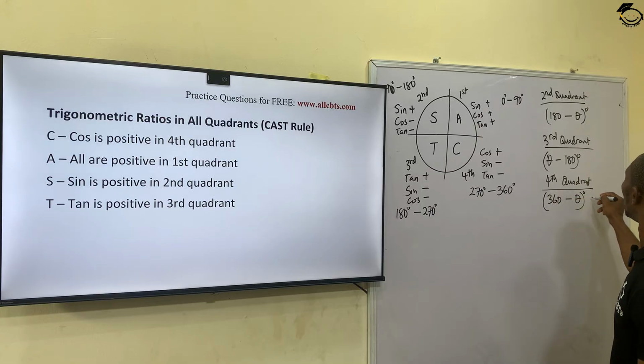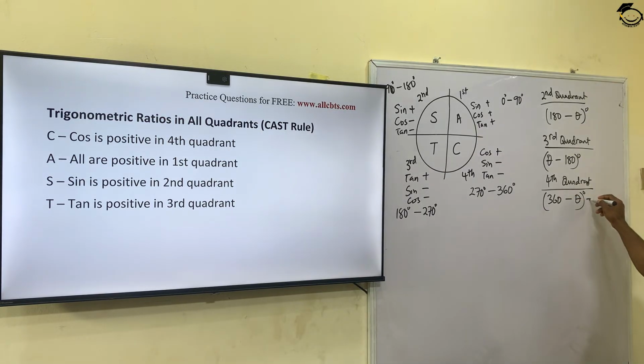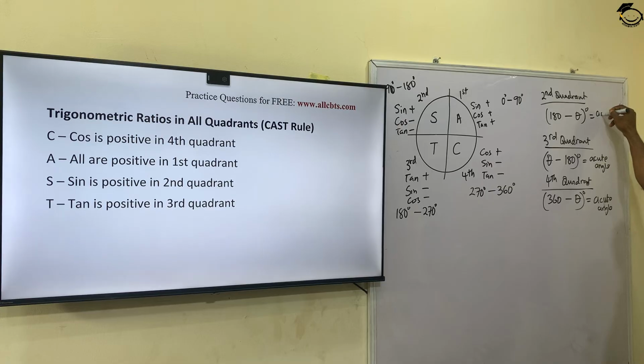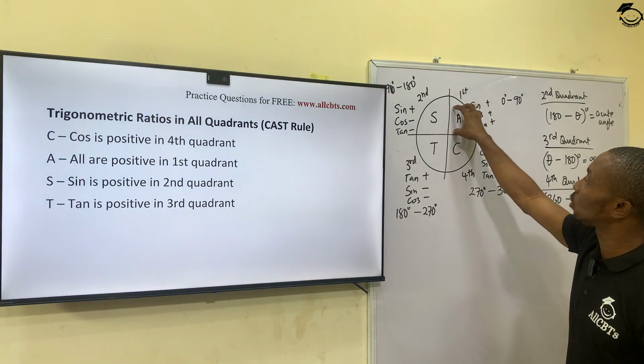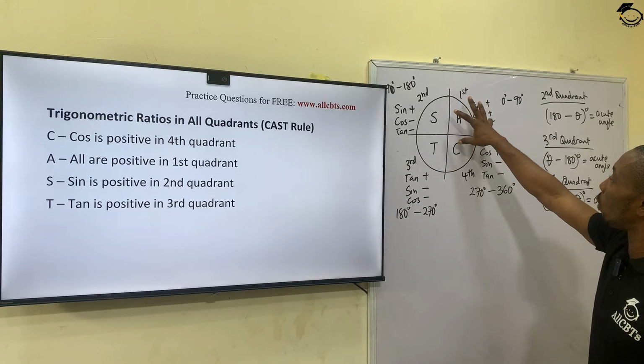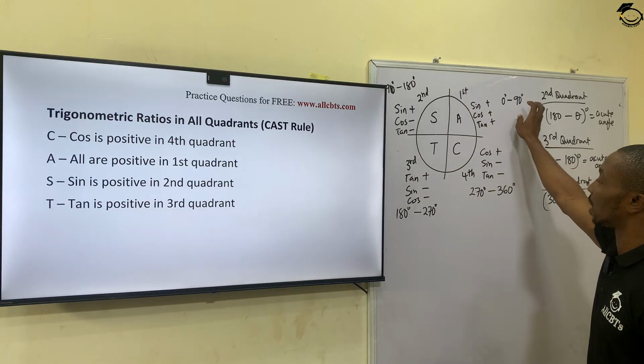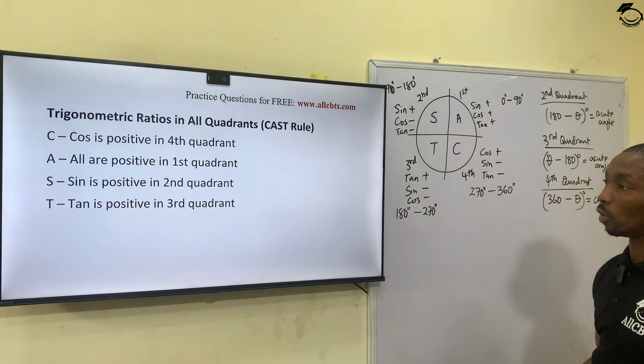So all this will give you the acute angle for each quadrant. Okay, so these formulas will give you the acute angle for each quadrant. In your first quadrant, they are always acute because they are less than 90 degrees.